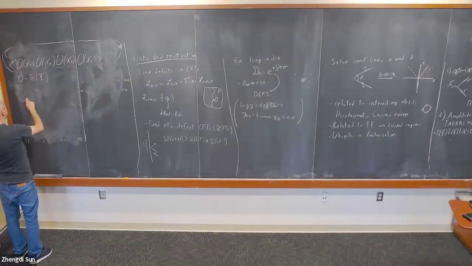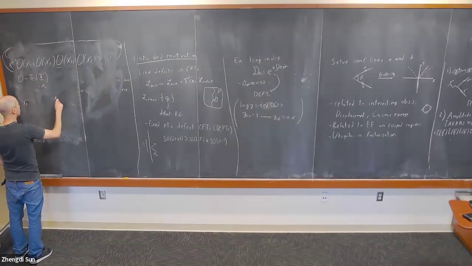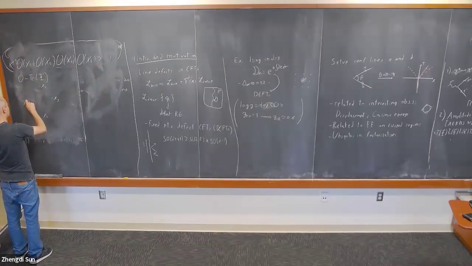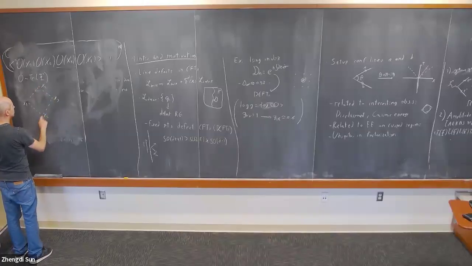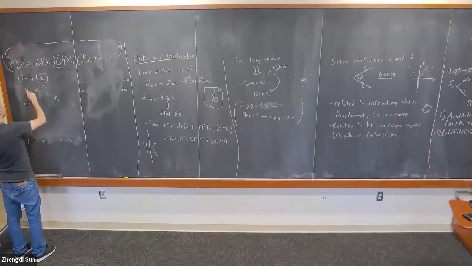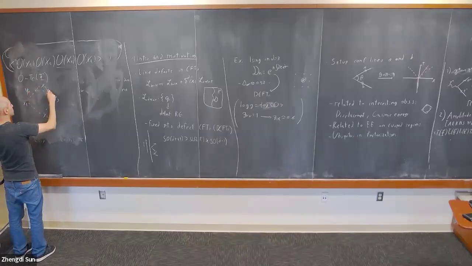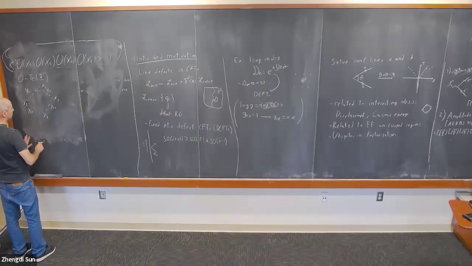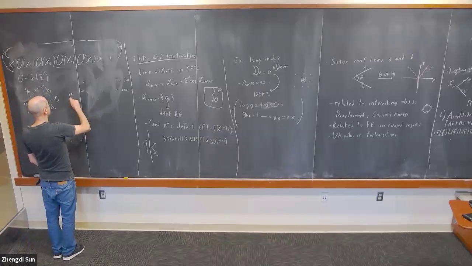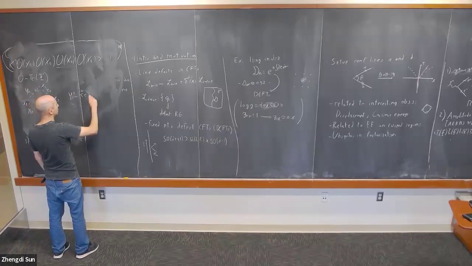And these are your points, and you're working in Lorentzian signature. You work in a regime where these points approach light-like distance. So call these distances y12, y23, y34, y41. You want to be in a regime where y12 is small, but what does small mean in a CFT?